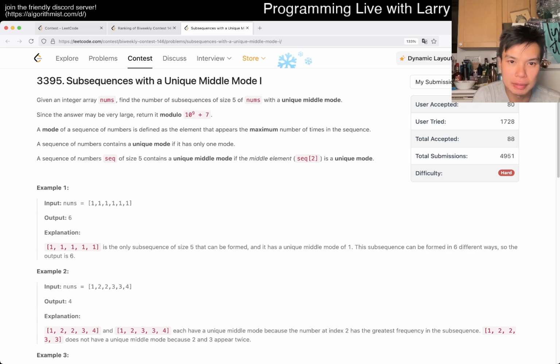Given the array, count subsequences of size 5 with a unique middle mode. What is the mode? A unique mode if it only has one mode. What is a middle mode? Oh, if the middle element is a unique mode. Okay.